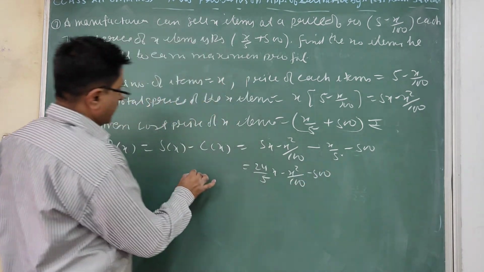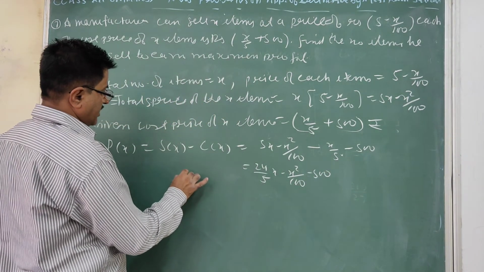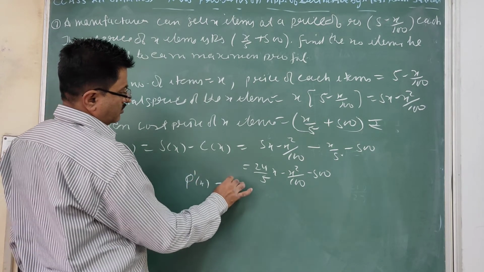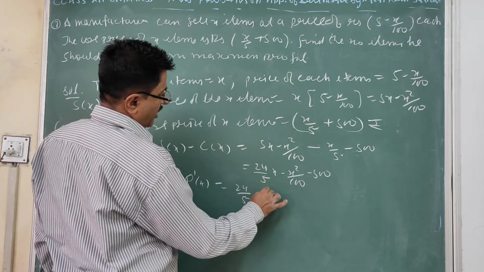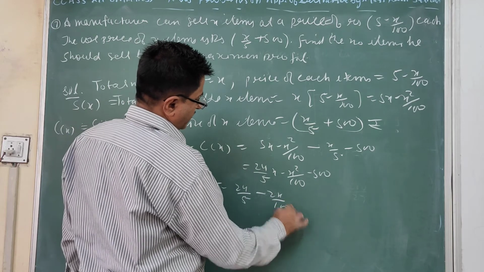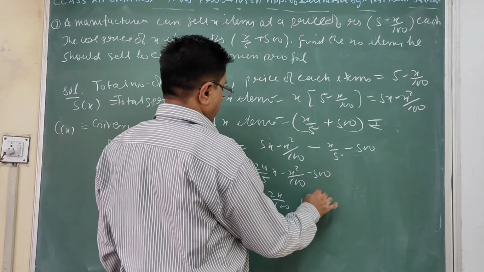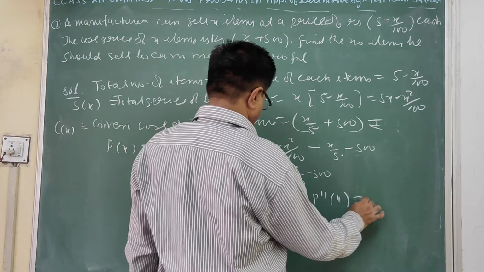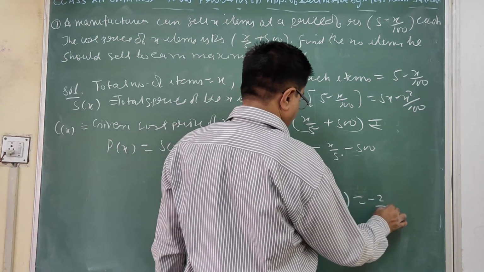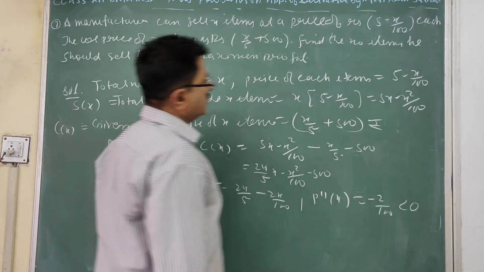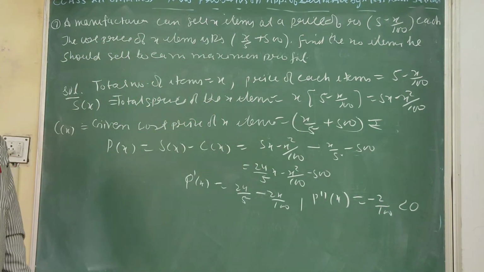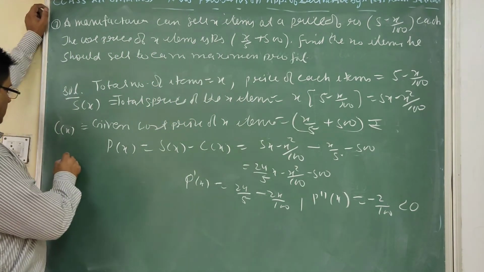Now you find the first and second derivatives and put them equal to 0. So 24 by 5 minus 2x by 100 is the first derivative. And the second derivative of this is minus 2 upon 100, which is less than 0. So profit is maximum.